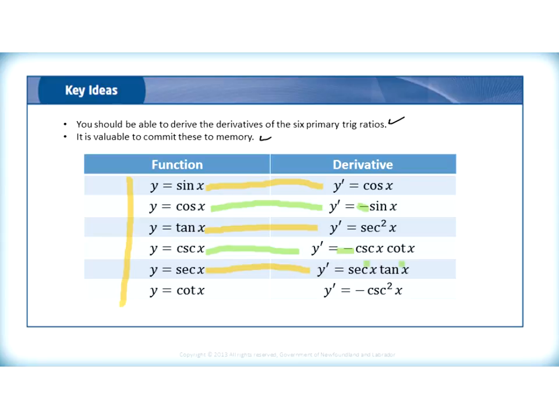And the derivative of the cotan function is very similar to the derivative of tan, only instead of secant squared, it's cosecant squared, and it's negative. So there's a lot of symmetry in the way these come together, which makes them easier to memorize. And you'll notice that the derivatives of all the co-functions, or anything that starts with the letter c, have a negative sign. I hope that's helpful.